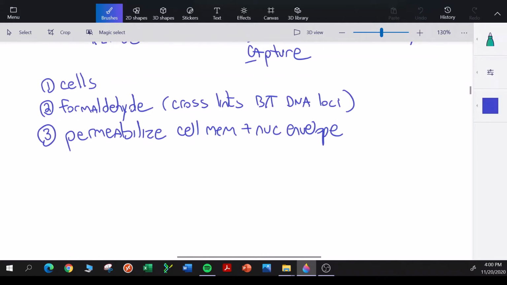They're already dead. But we need to permeabilize them. That's a difficult word to say, huh? We need to do that because we need a restriction endonuclease. So we're going way back, I think, to the first lecture. We need to add one to the cells to digest the DNA.